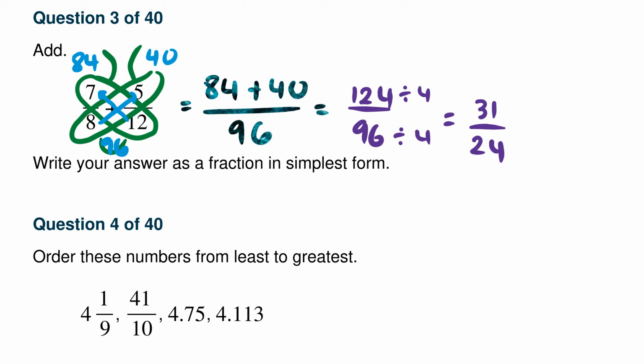So 31 over 24. Okay, write your answer as a fraction in simplest form, which means we have to reduce the fraction. That would be it.